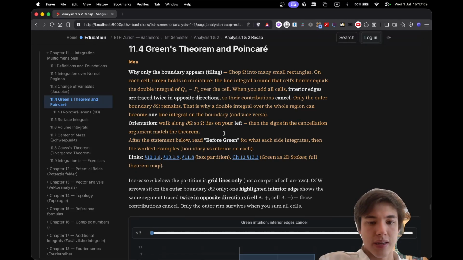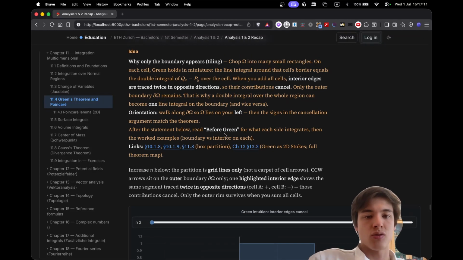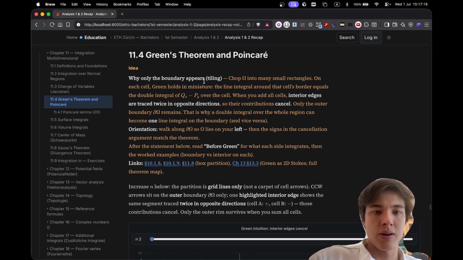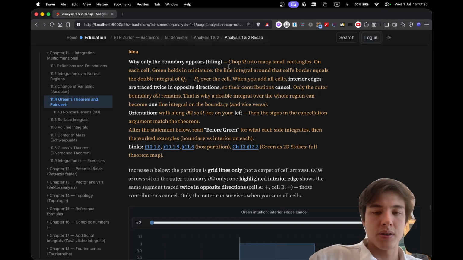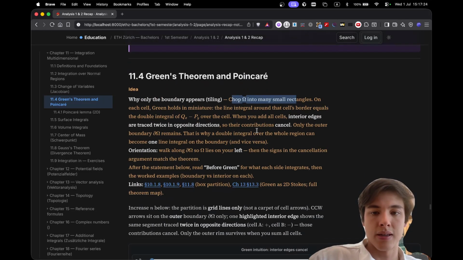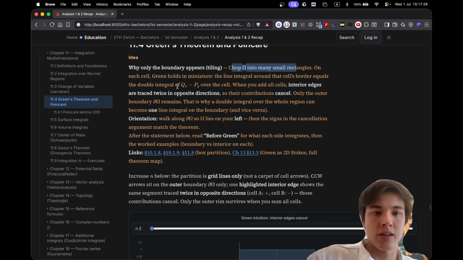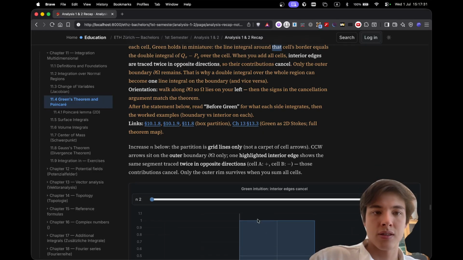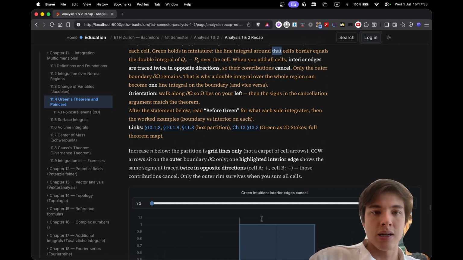So, this is like transforming area integrals to line integrals. So here, what is this? Why does only the boundary appear in the tiling? We chop this into many small rectangles, and each cell holds Green's theorem in miniature. The line integrals around the cells cancel out on the inside.